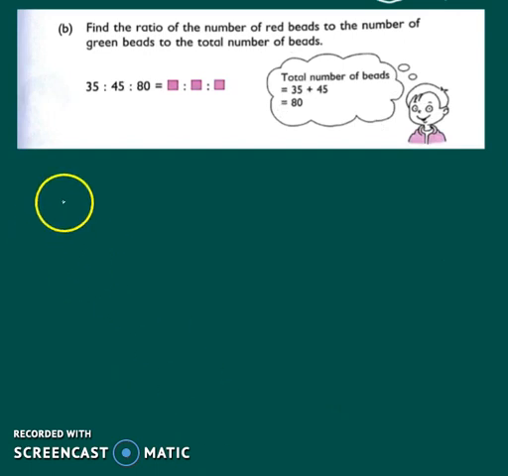Now in part B of the question, we are asked to find the ratio of the number of red beads to the number of green beads to the total number of beads. So we already figured out the ratio of red beads to green beads, which was 35 to 45, which we simplified to 7 to 9.